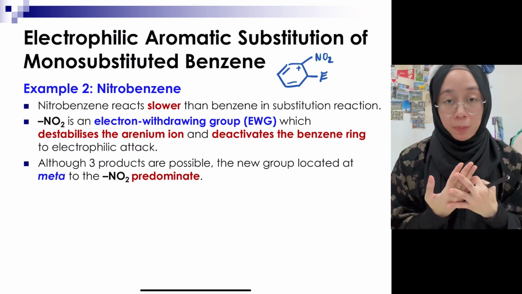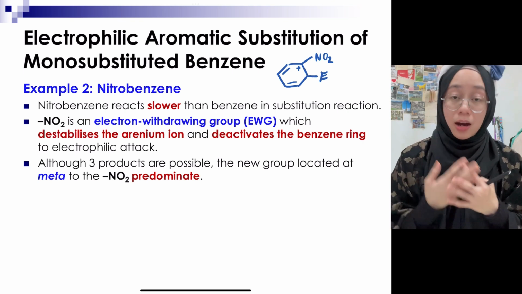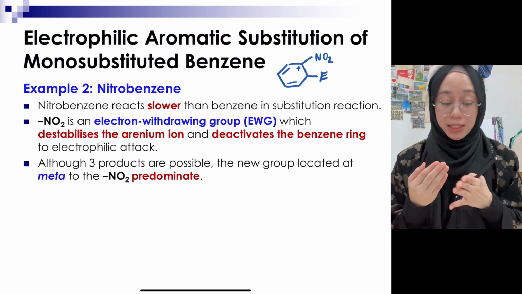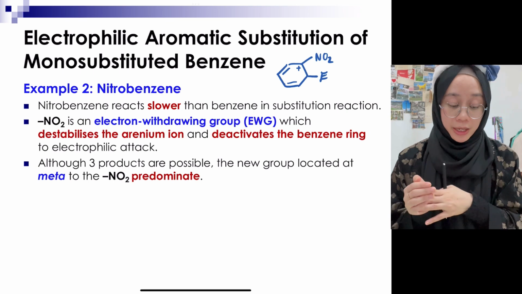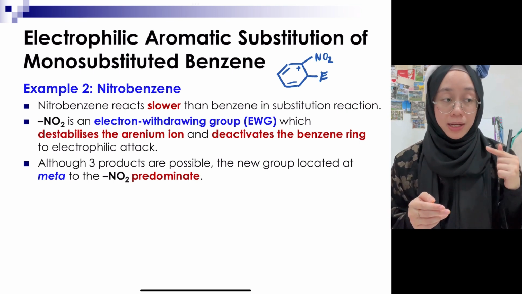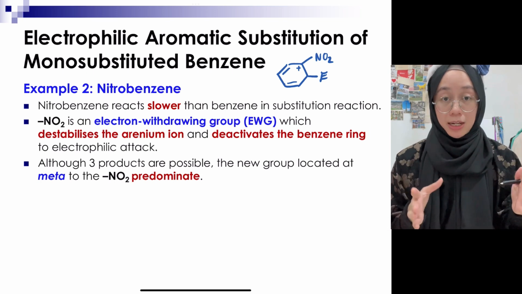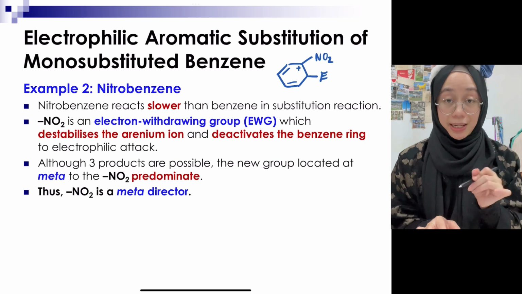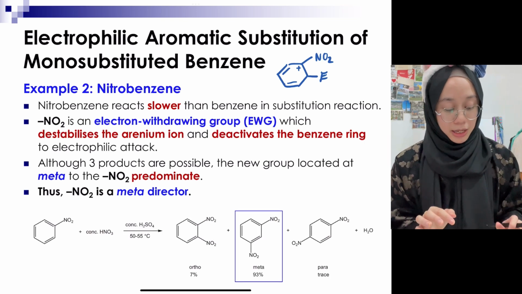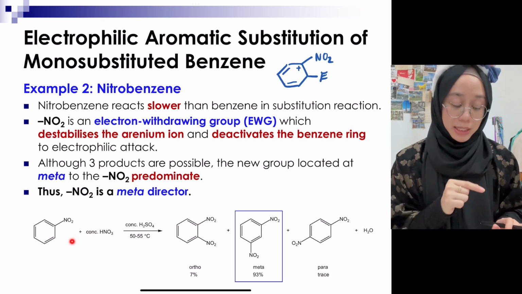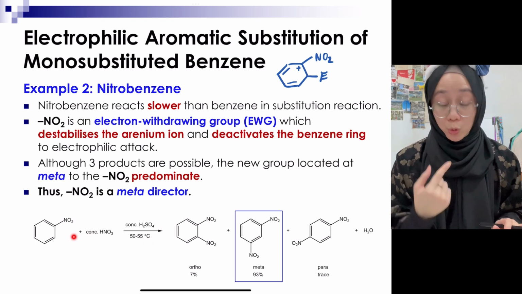Again, the same thing: there are 3 possible products, ortho, meta, para. However, when there is the nitro group, which is an EWG, we can see that the new group at meta is the one that is produced the most. So NO2 is said to be a meta director. For example, let's say we do nitration again on nitrobenzene, meaning we want to add another NO2 group.